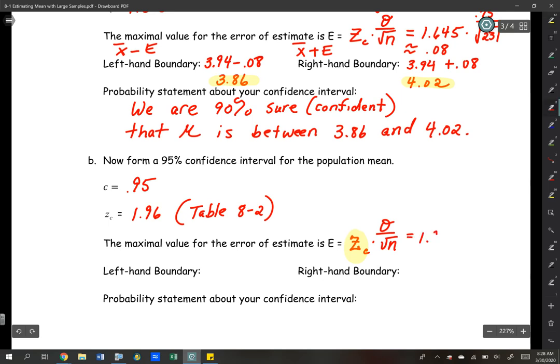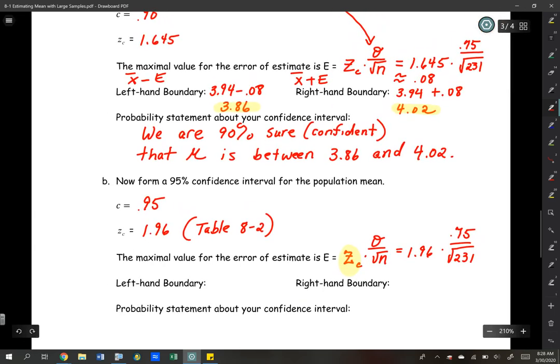So we get 1.96 times 0.75 divided by the square root of 231. You can see that this part is the same. The only thing that's really changed is the z-score. You would put that in your calculator, and we're going to get 0.10.